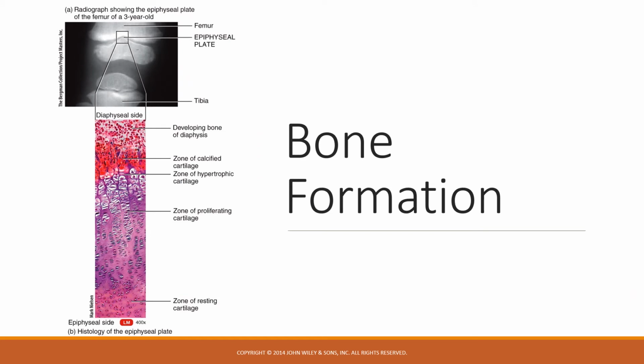Okay, so the growth in length of long bones involves the following two major events. The first one is that we're going to have interstitial growth of cartilage on the epiphyseal side of the epiphyseal plate.